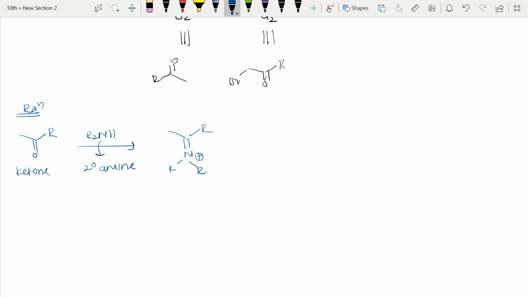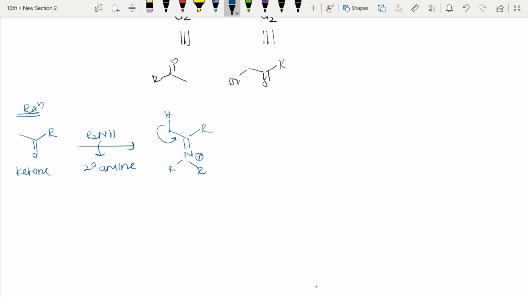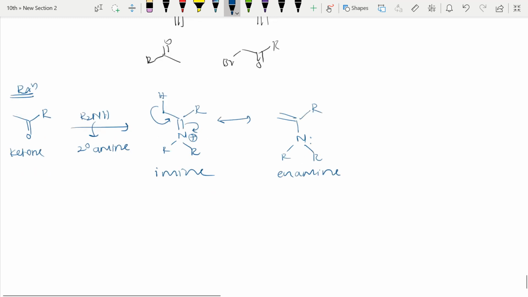So here hydrogen will be there, because nitrogen can't have a positive charge, so it will take this electron density and become neutral. So this is the imine, and now it will form an enamine like this. See, nitrogen got its lone pair back and became neutral. Hydrogen went as H plus, and it is called an enamine. Why, you will understand when I do the reaction.